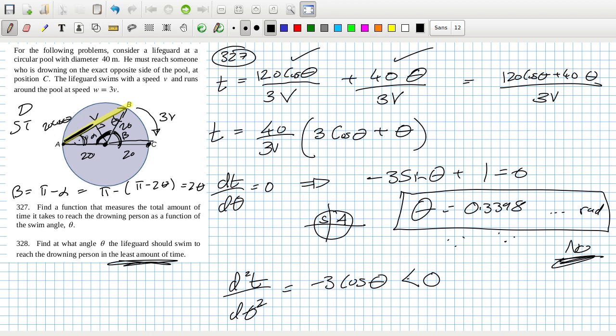That's the time. I don't really care about this constant in the front. And the derivative is minus sine plus minus 3 sine plus 1. And the derivative again will be minus 3 cos.